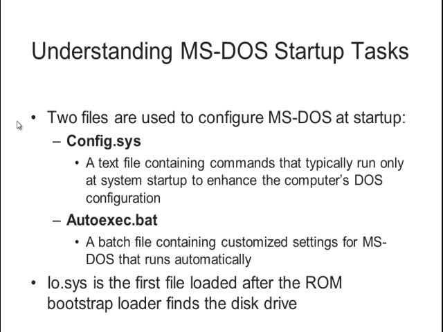MS-DOS.sys is the second program to load into RAM immediately after io.sys. It looks for the config.sys file to configure device drivers and other settings. MS-DOS.sys then loads command.com, and as the loading of command.com nears completion, MS-DOS.sys looks for and then loads and executes the commands in autoexec.bat.